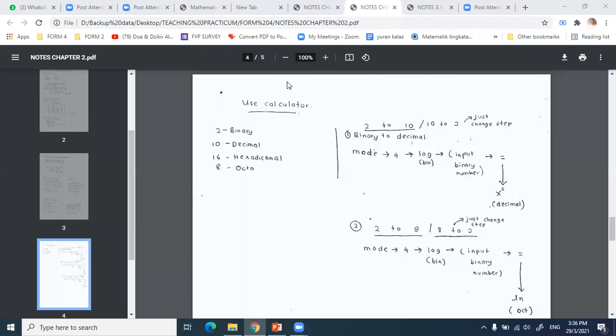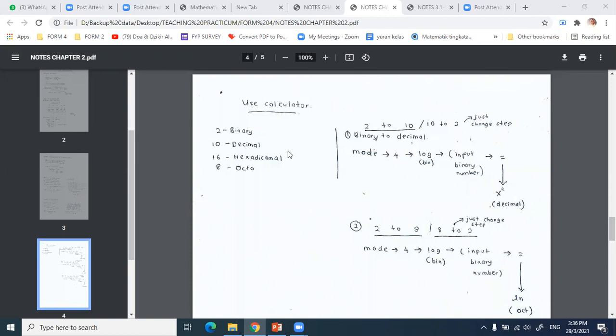Yes, I've received yours. How about the other person? Okay. Our calculators are actually different, but I've seen the binary, octo, and decimal ones are the same, so you can still use my instruction.